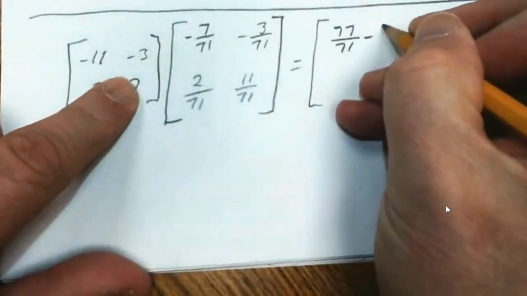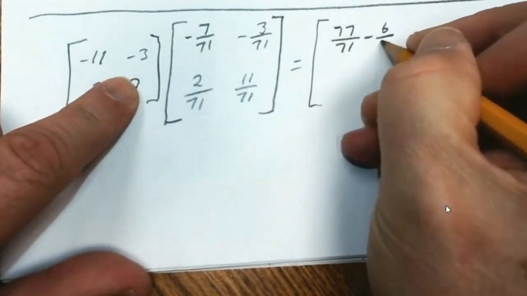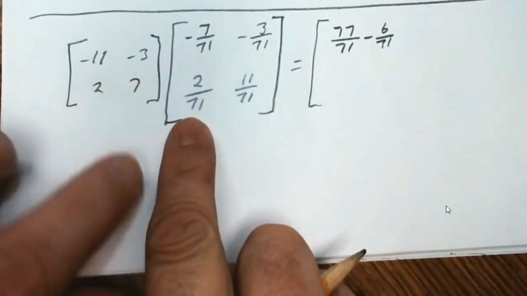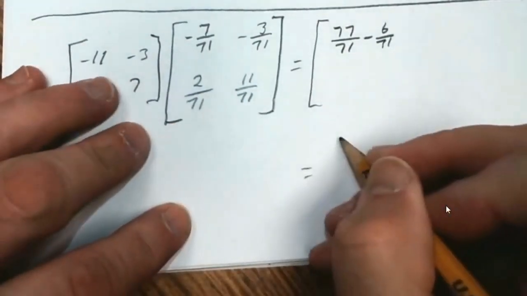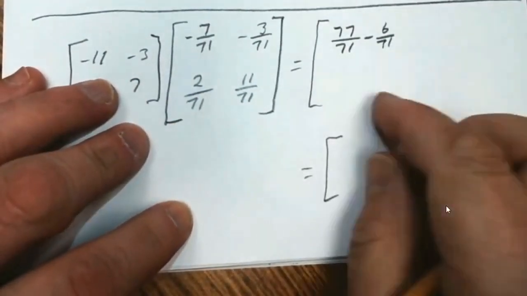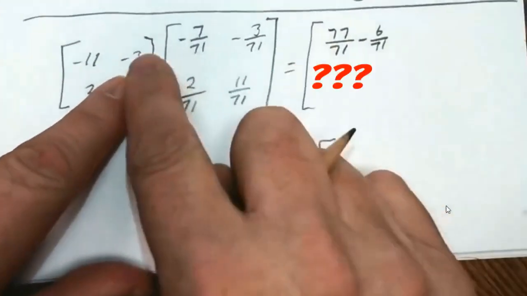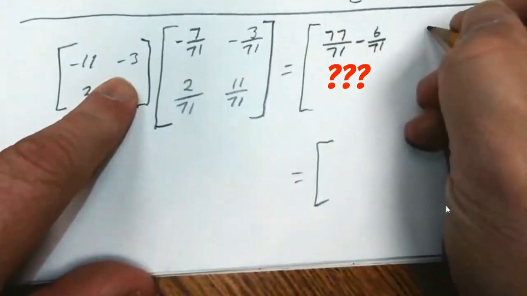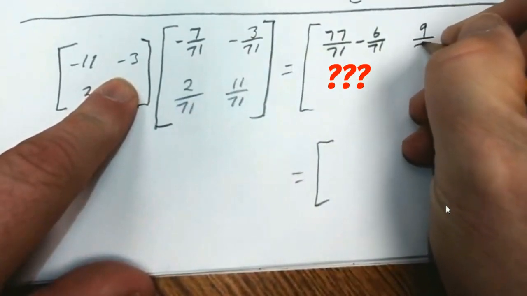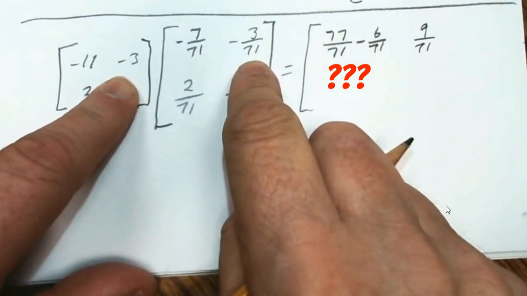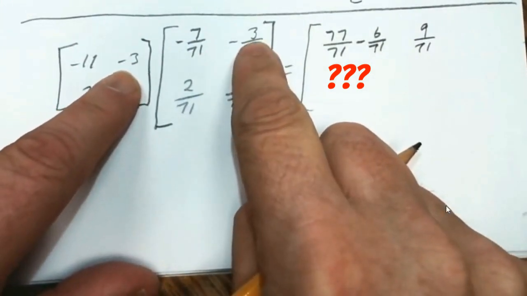So negative 6/71. Okay, that's not bad. We'll be simplifying that down here. Let's go over here. The second number, negative 3 times negative 3. Well, that's a 9/71. Notice we don't even have to really pay attention to what the denominator is because we're just multiplying the numerator times this number over here.